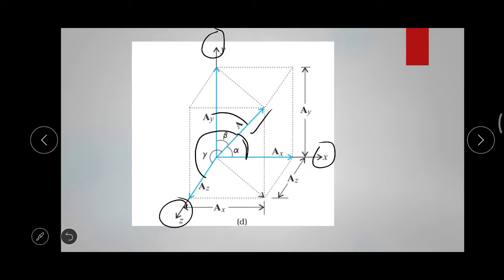Just consider this as a 3-dimensional structure, then you can understand it easily. So the angle between the vector A and the z axis is gamma, and you can say the magnitude of Az is equal to A cos gamma.